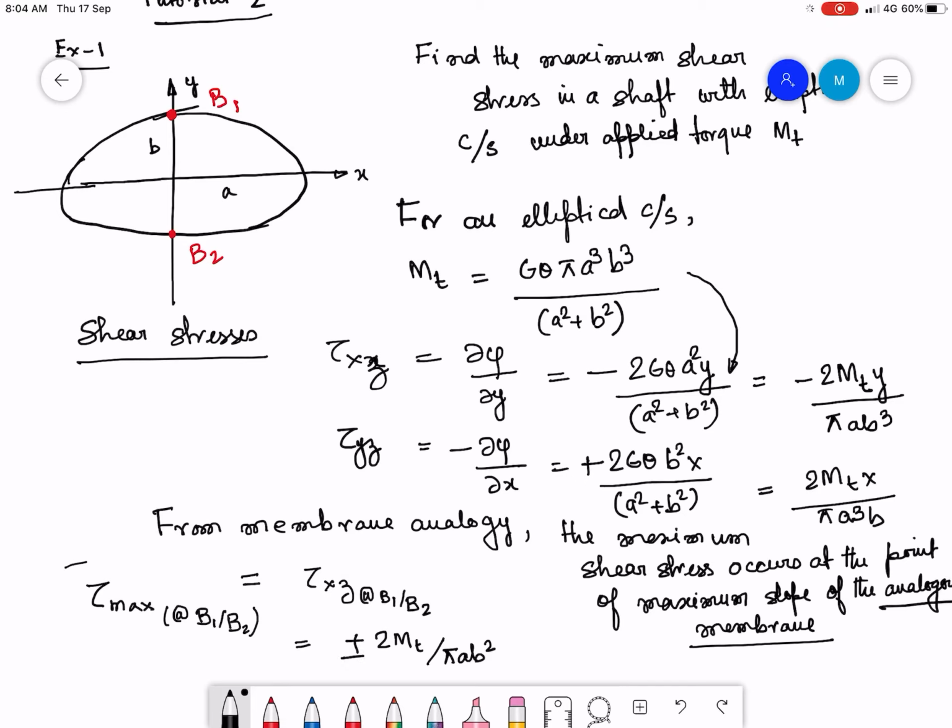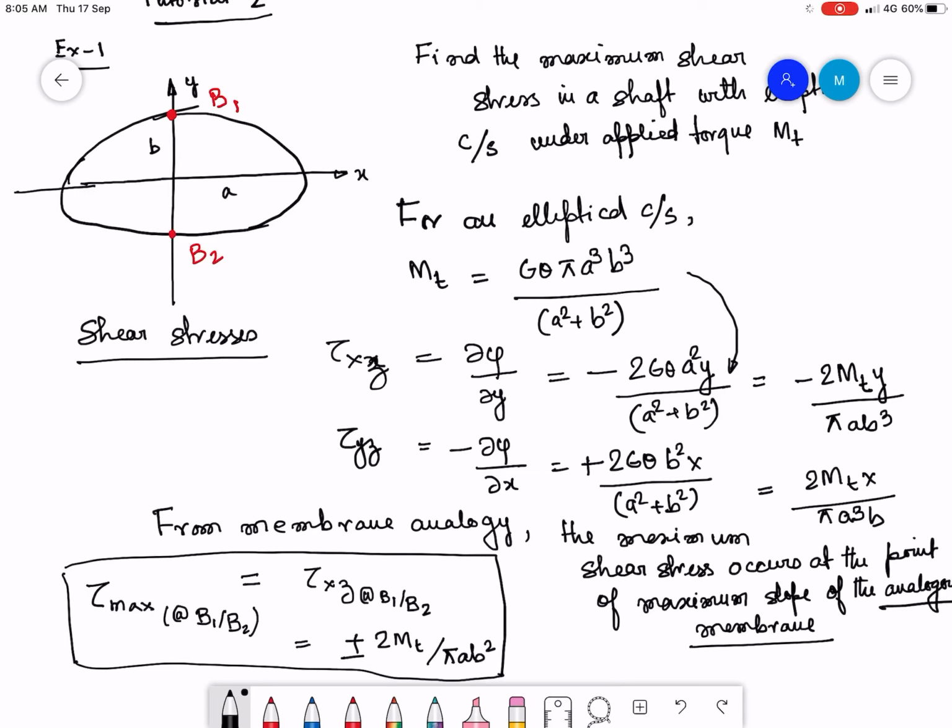Okay, and therefore that is the expression for maximum shear stress in an elliptical cross section because of an applied torque MT.